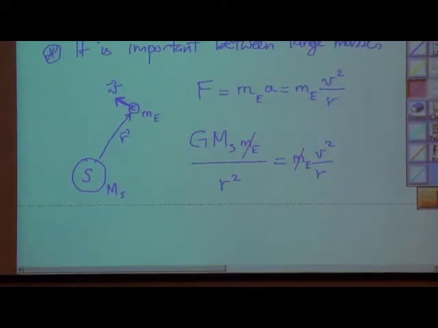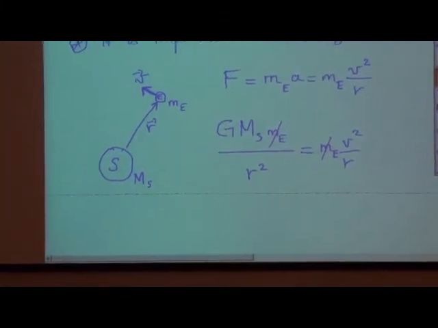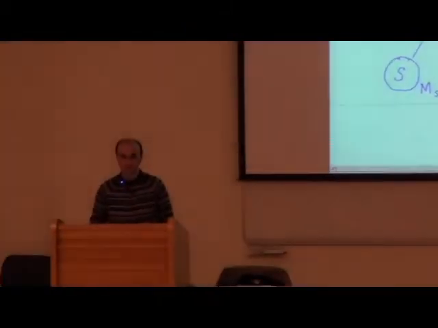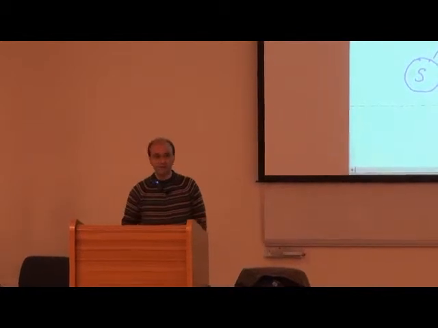Earth rotates around the Sun with a force or a combination. Don't get lost there. But the mass of the Earth does not play any role in this whole business.